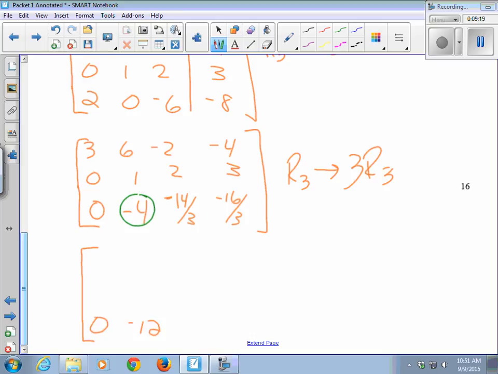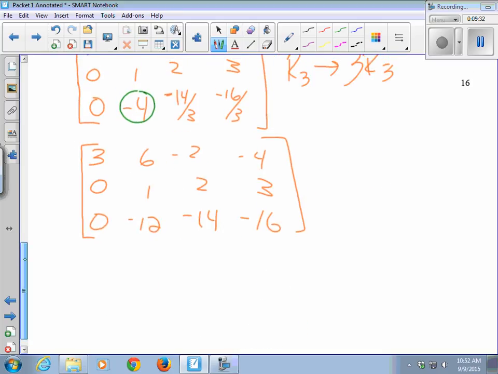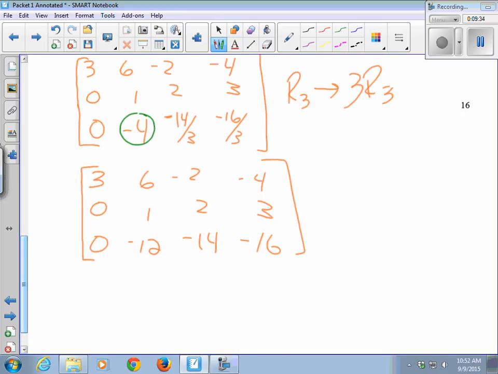Zero, negative 12, negative 14, negative 16. Okay, so now instead of multiplying row 2 by 4, I'm going to have to multiply by 12. So now row 3 is going to become row 3 plus 12 row 2.